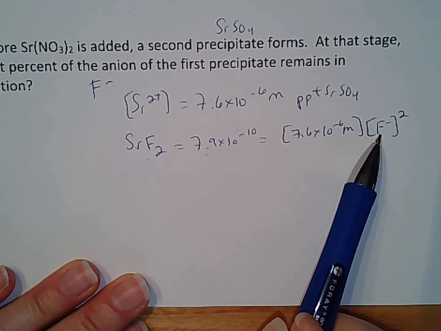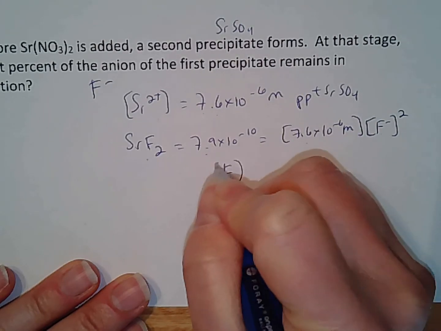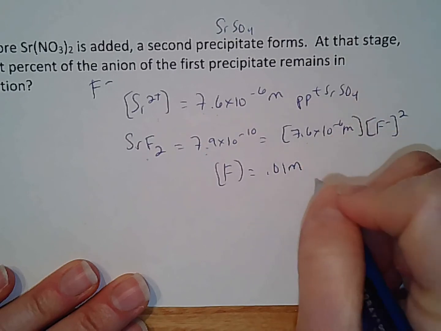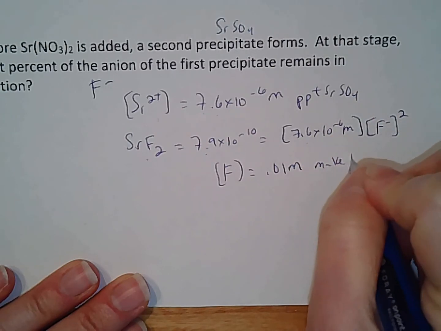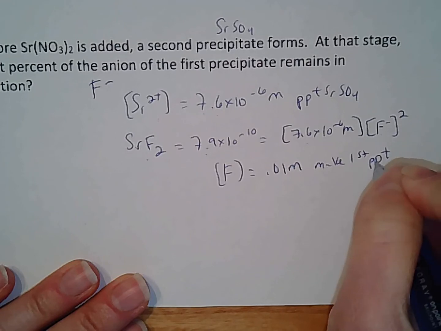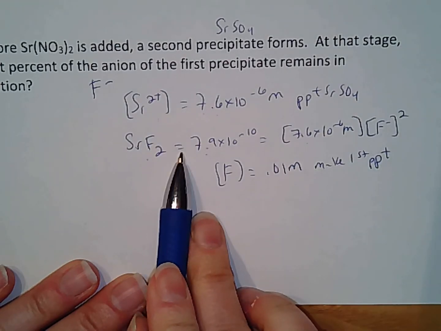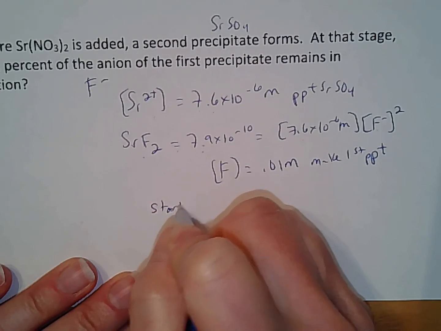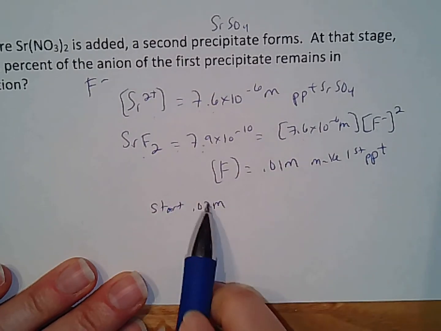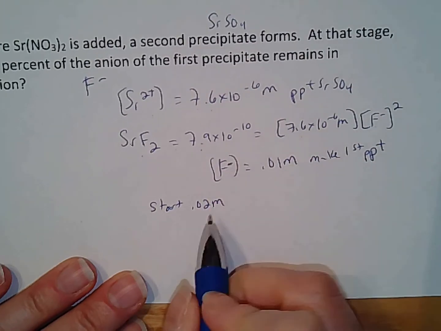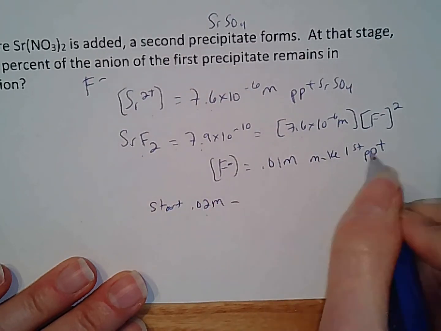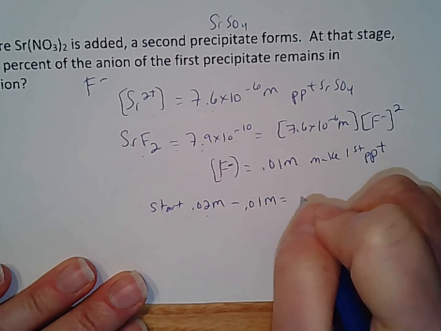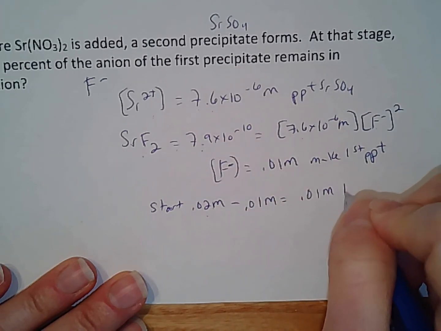So the fluoride comes out to be about 0.01 when you do the math here, using this equation. So if I started with 0.02 molar of my fluoride, and this is essentially how much I used to make the first precipitate, 0.01, I have 0.01 molarity left of my F minus.